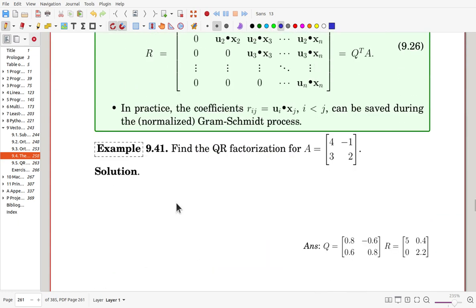In practice, the coefficients Rij, which is ui·xj, can be saved during the normalized Schmidt process. In practice, it is implemented in this way. Now, let's try to find the QR factorization for A given in this way.